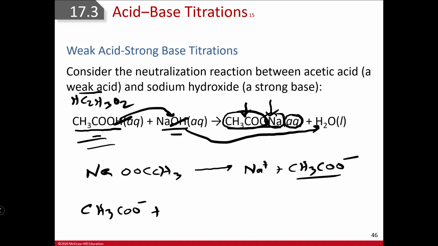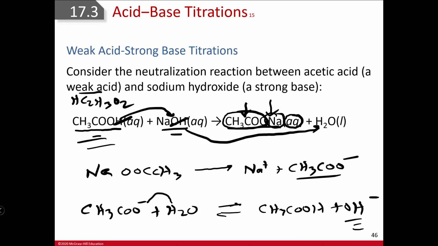So when given the opportunity to react with water, it will form the molecular acid. So that hydrogen ion comes off of the water and goes here, plus the hydroxide ion. And if we're generating the hydroxide ion, it's going to be a pH greater than 7.